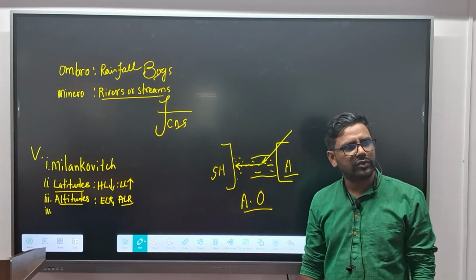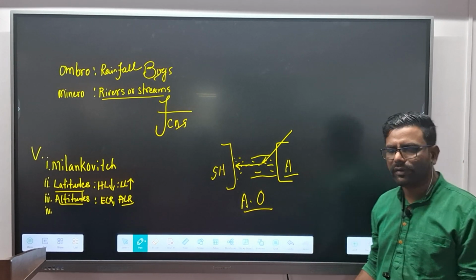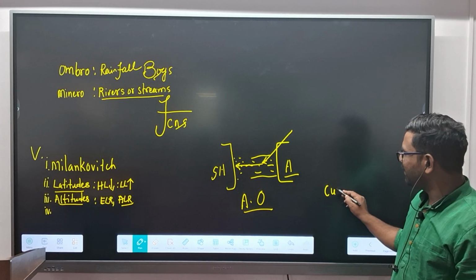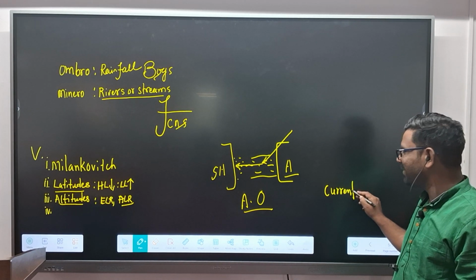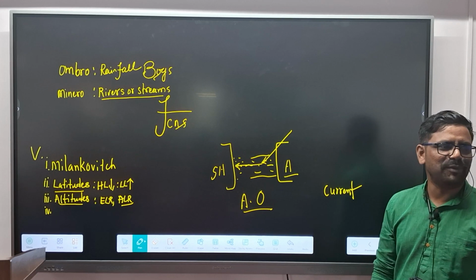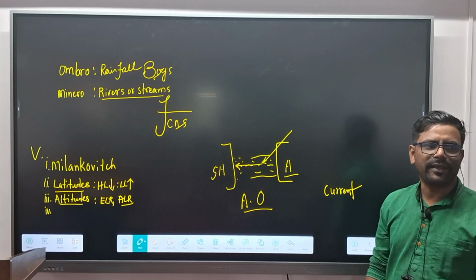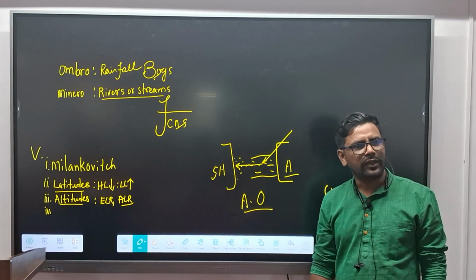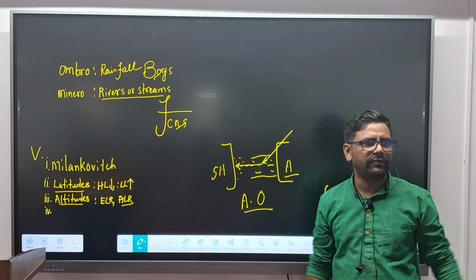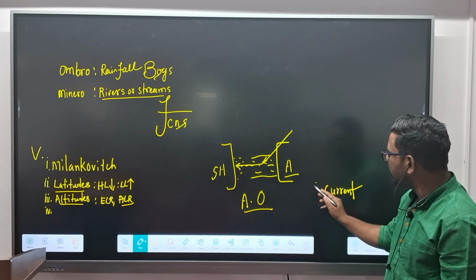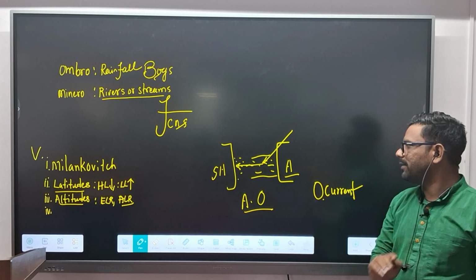Anything in motion can be called a current, isn't it? And here what is in motion? The huge mass of water of the ocean. That's why it is called an oceanic current.